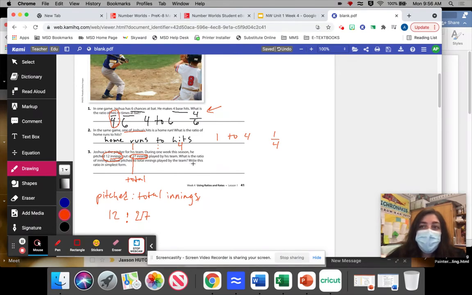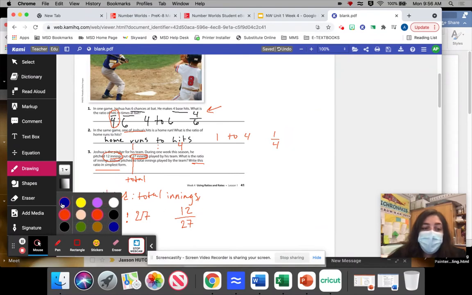Okay, we have to do one more thing, and that is to write the ratio in simplest form. So we know that the ratio is 12 to 27. We just need to write this in simplest form. So I'm going to find something that 12 and 27 both have in common, and that would be the number 3. 3 is a factor of both of these numbers.